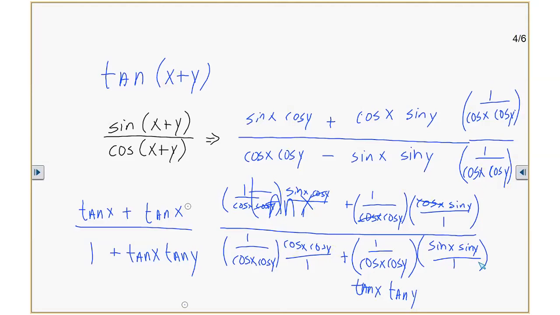Y. Or that should be y, shouldn't it? Yeah, y right here. I'm sorry. I was going to add it. There we go. And that is what you get when you take tangent of x plus y, you get this guy.